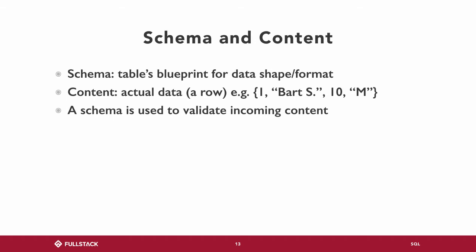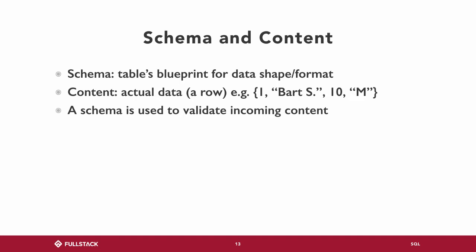So we can define the shape of the data that's going to go into that table, as opposed to, let's say, we were just storing our data as a line in a text file. We could put whatever we wanted in there. Here, a schema is basically enforcing the integrity of our data.